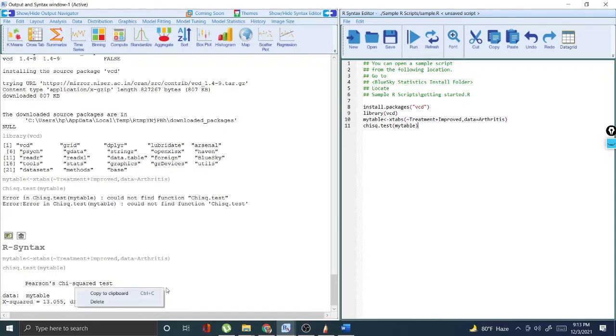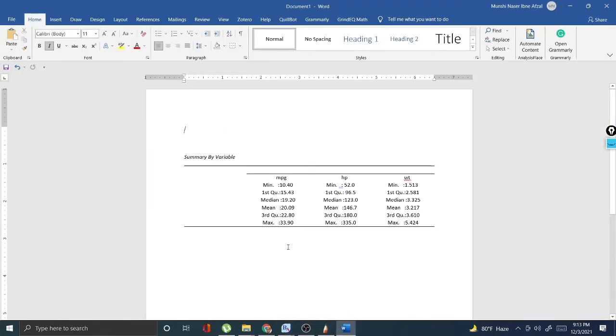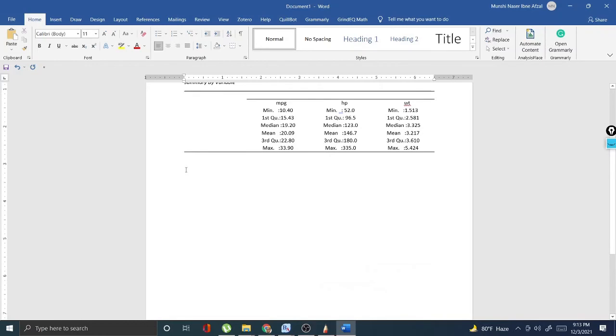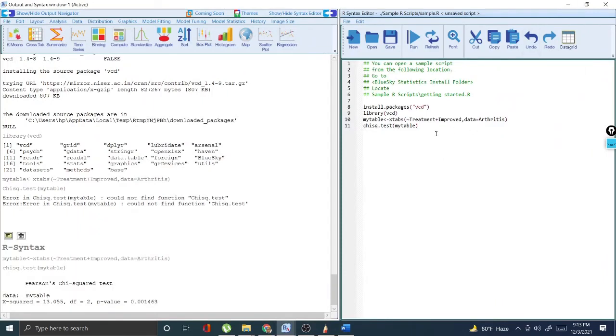Now if you'd like to copy the whole thing and paste it in your Word file, for instance, it's very simple to see the way it comes out like this. You can easily paste it in your Word file. Now the same thing we can do with improve plus sex, these two variables. All you have to do is copy these two parts, and let's see how they work.